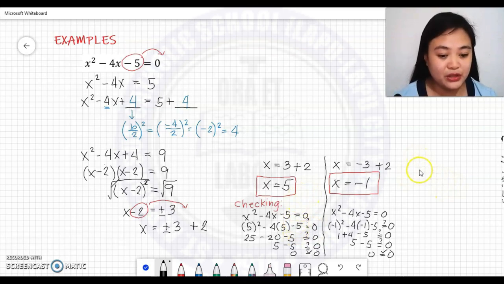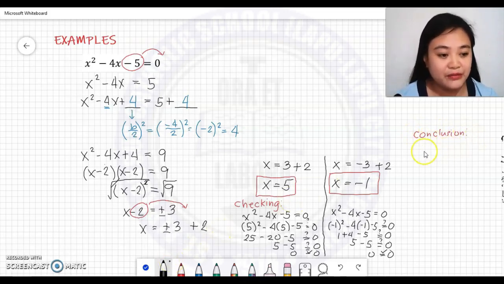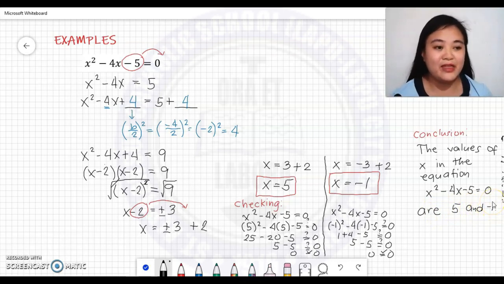Our conclusion, I will highlight: therefore, the values of x in the equation x squared minus 4x minus 5 equals 0 are 5 and negative 1. Okay, that's all for example number 1.